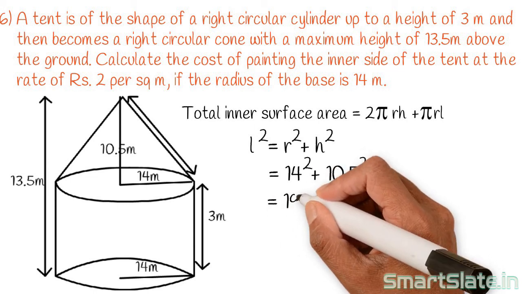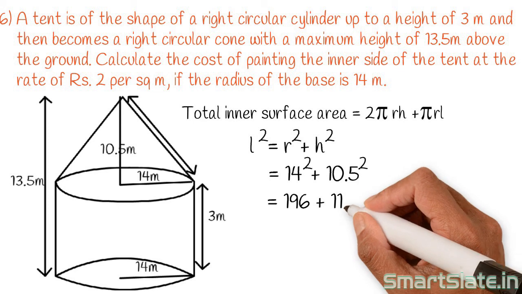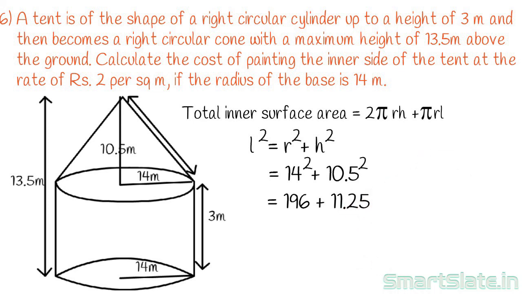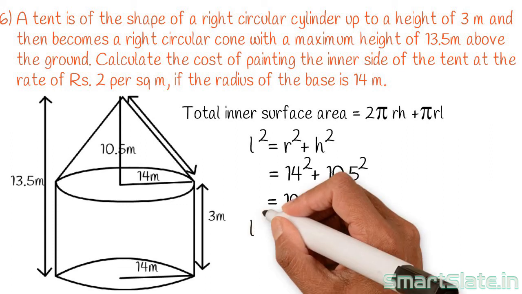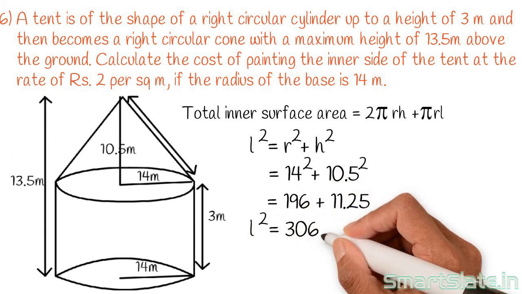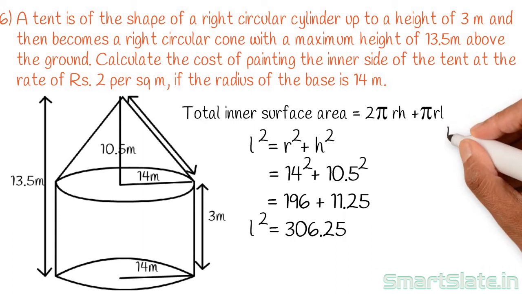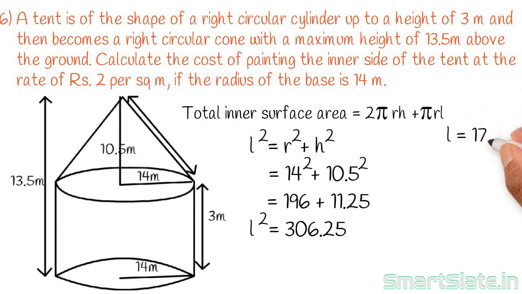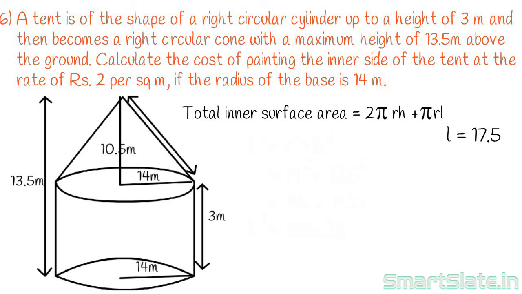It is 196 plus 110.25, which is 306.25. L square is 306.25. Hence, L is equal to the square root of 306.25, which is 17.5. So, we have the slant height of the cone as well.